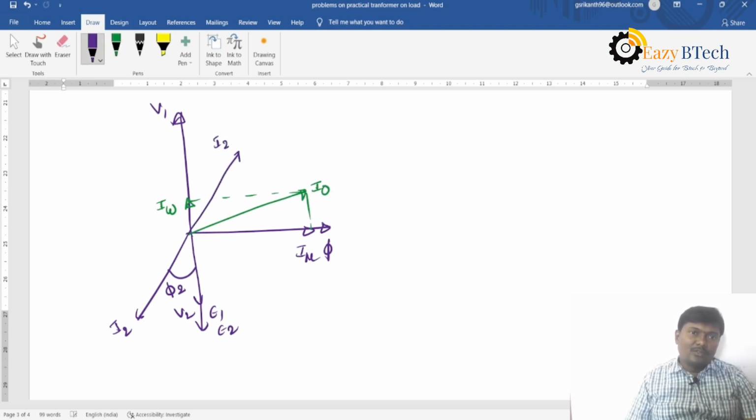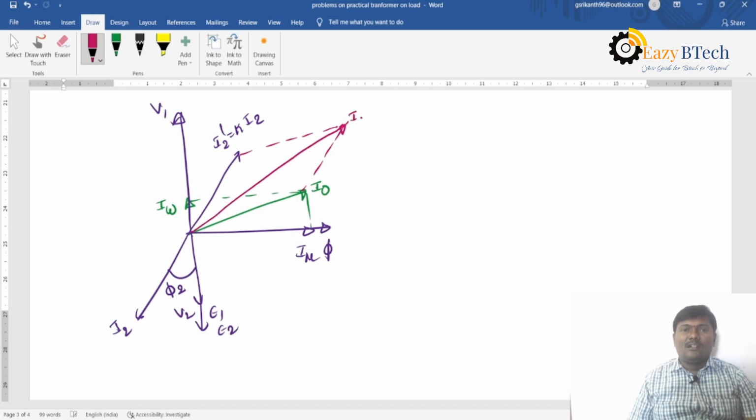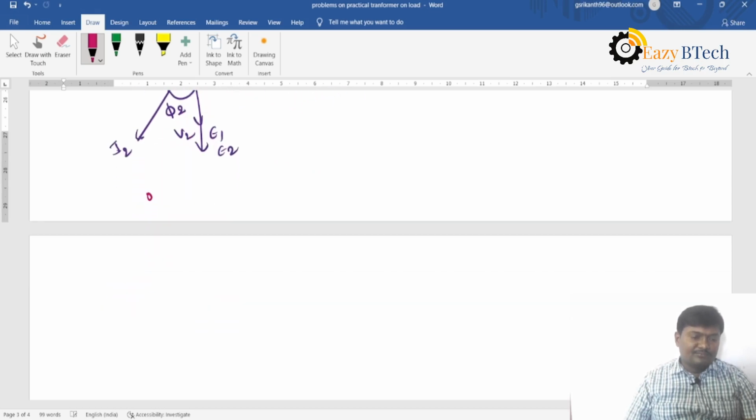This is I2 dash is equal to K times I2. So by adding these two vectors, I get the primary current. This is the primary power factor angle. The angle between V1 and I0 is called the no-load power factor angle.